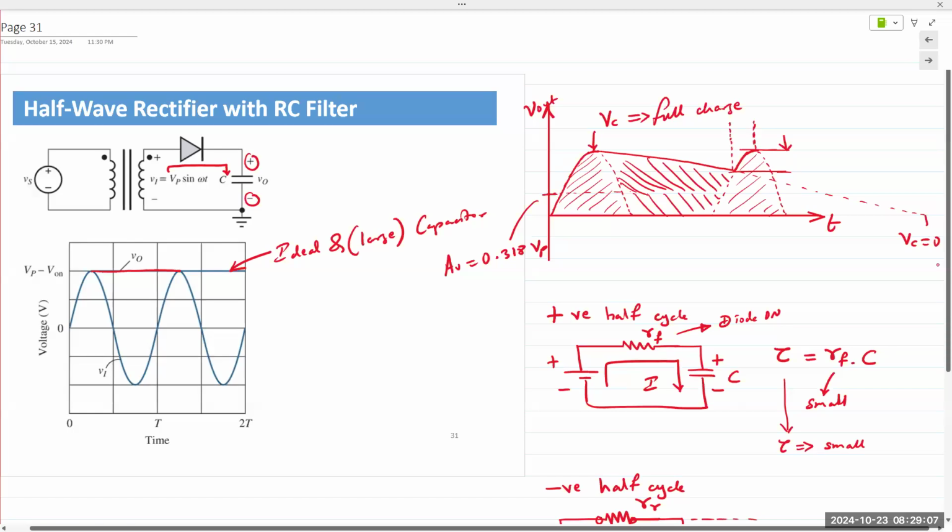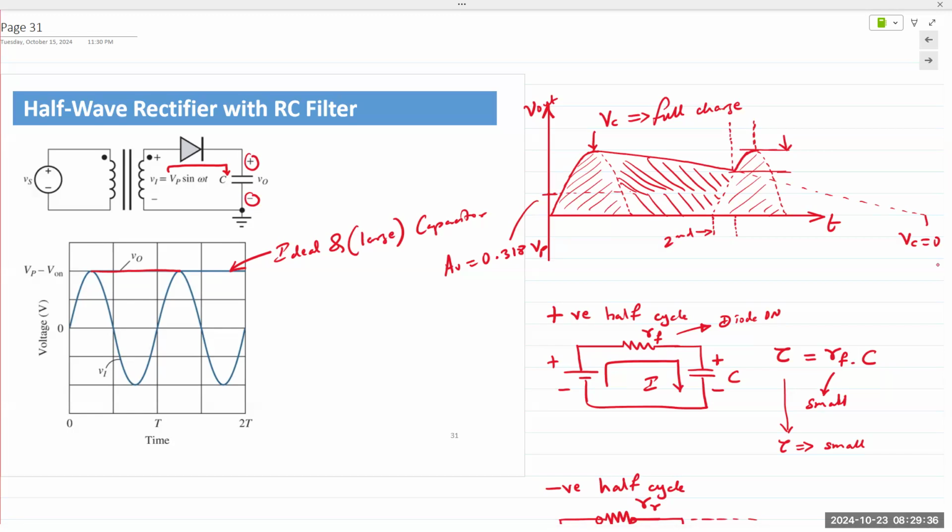Okay. Because here's what you need to think about. Capacitor is plus, right? It's already charged, right? So even when the next positive half cycle arrives, which is at this point in time, this is when the second cycle begins. Even at that point, the capacitor is holding the cathode of the diode at a higher level, which is like right here.